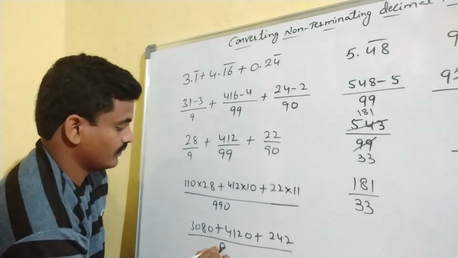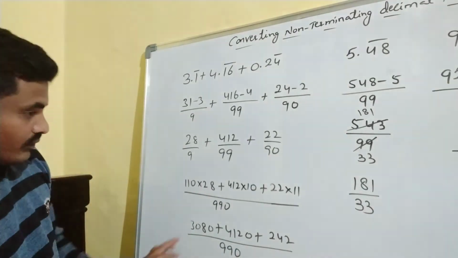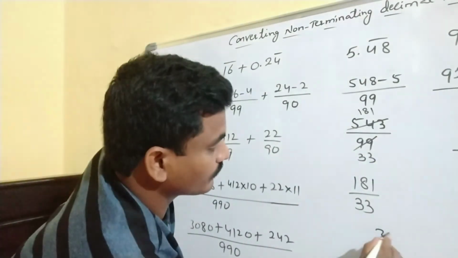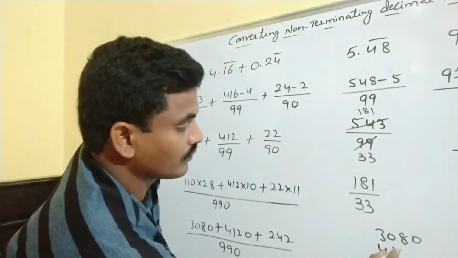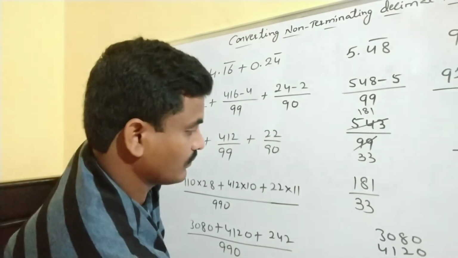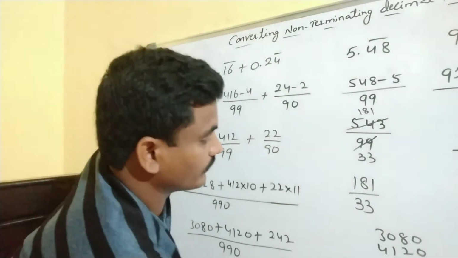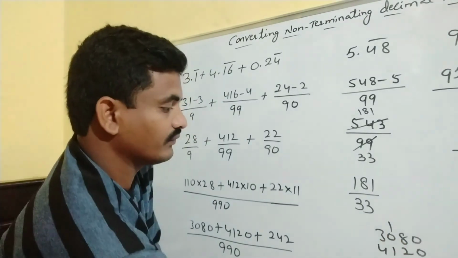By 990, and we have to add these numbers: 3080 plus 4120 plus 242.